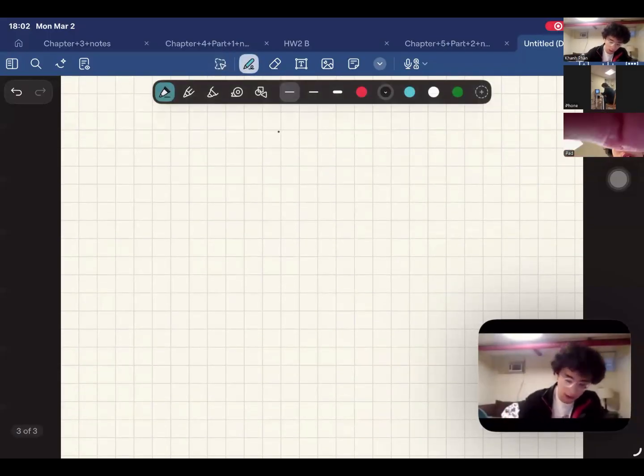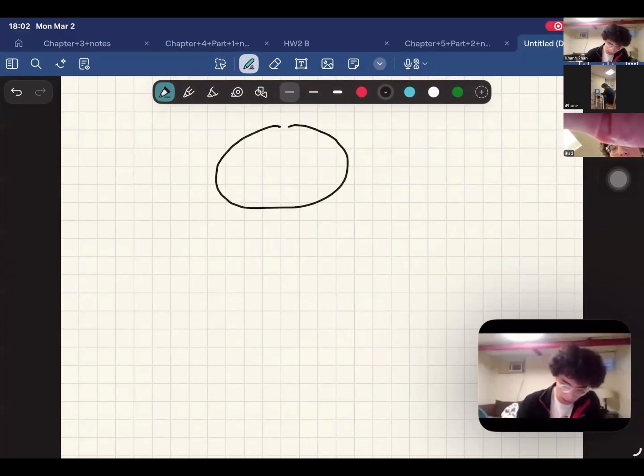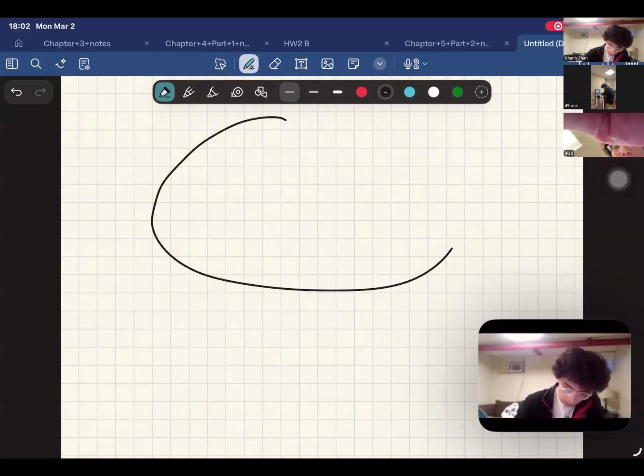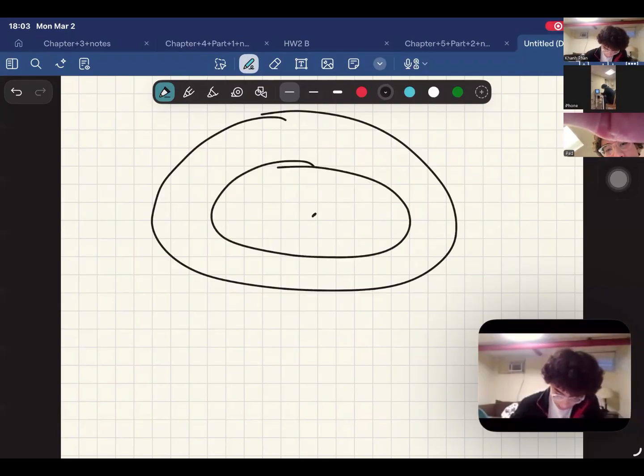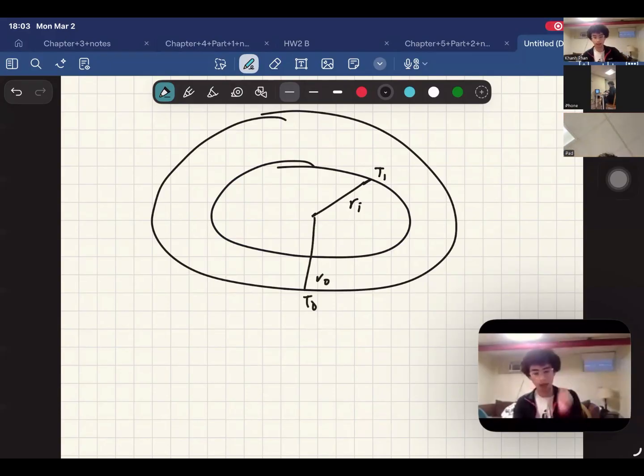So we're going to draw the situation first. Let's do it bigger. It's the outer radius and then inner radius. So Ri, Ti, then Ro, To. And we assume that all these four are given in our problem.